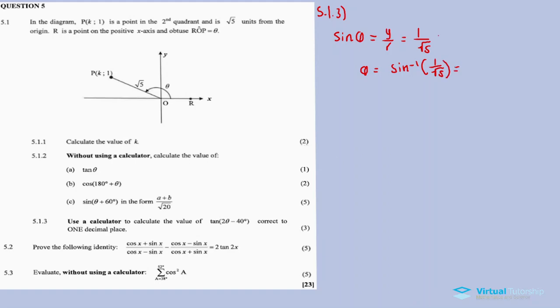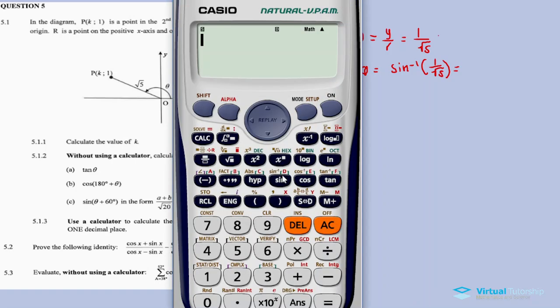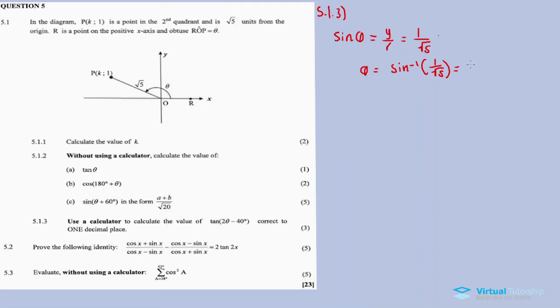This is equal to arc sine, 1 over the square root of 5, close bracket, syntax error, okay, close bracket. Now it's 26.57. Let's take it to 2 decimal places, so about 26.57 degrees.